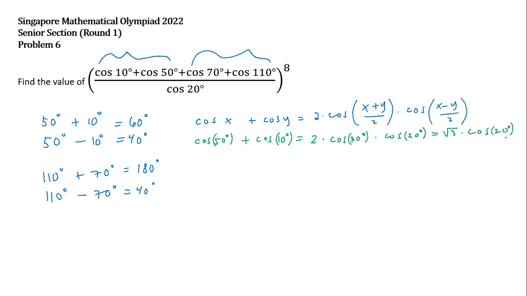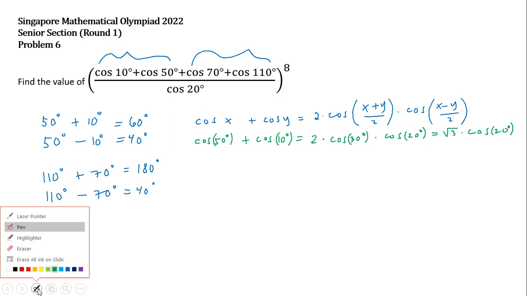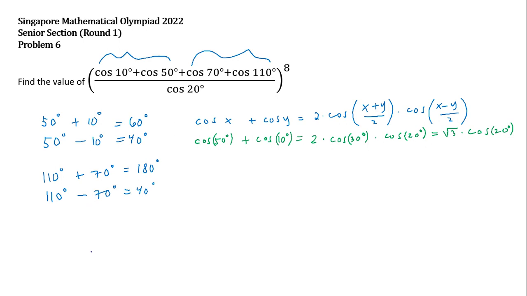Okay, for the other pair, we have cosine 110 degrees plus the cosine of 70 degrees. That's equal to 2 times cosine. Okay, so 110 plus 70, that's 180 divided by 2, that's 90.